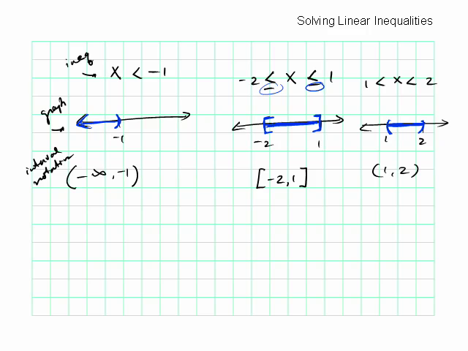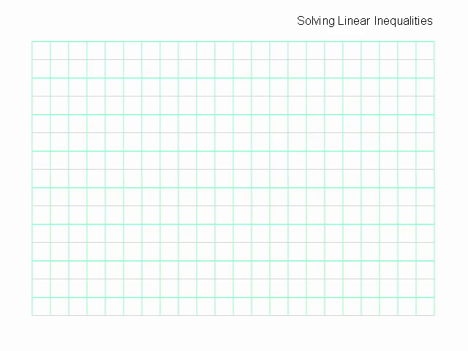And that's what it looks like in interval notation. Be careful, this does not mean the point 1, 2 that you plot on an x, y graph. This actually represents the interval from 1 to 2 on a number line. Okay, next. Let's solve a linear equation here.